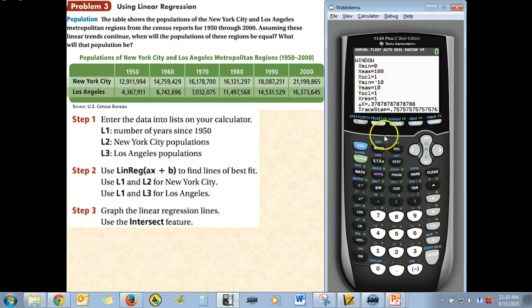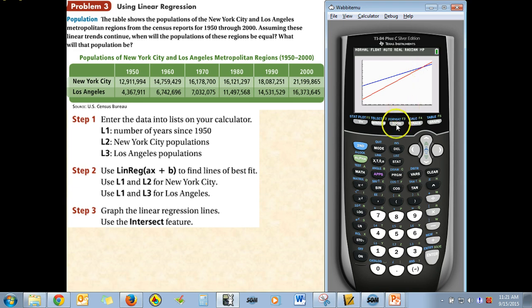I don't need to go to negative people, so I'm going to do 0, and then let's go up to 30 million, who knows. And now we can push graph, and let's see if it shows both of our lines. Yay! And look, it even shows where they intersect.